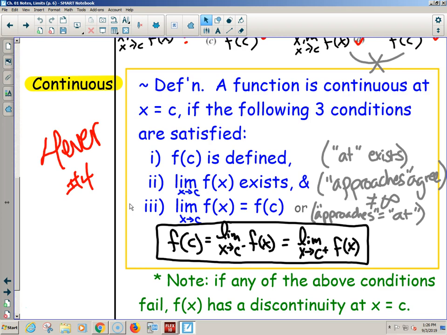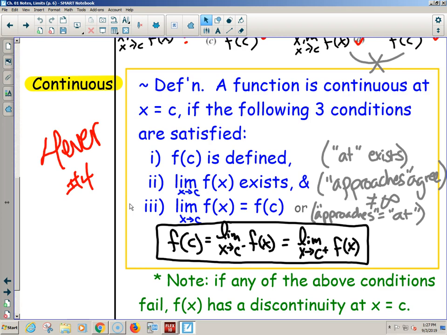So over here, if I was to give you this graph, for instance, question: is condition number 1 true? Yes or no? Yeah, because at c, is there a function value?